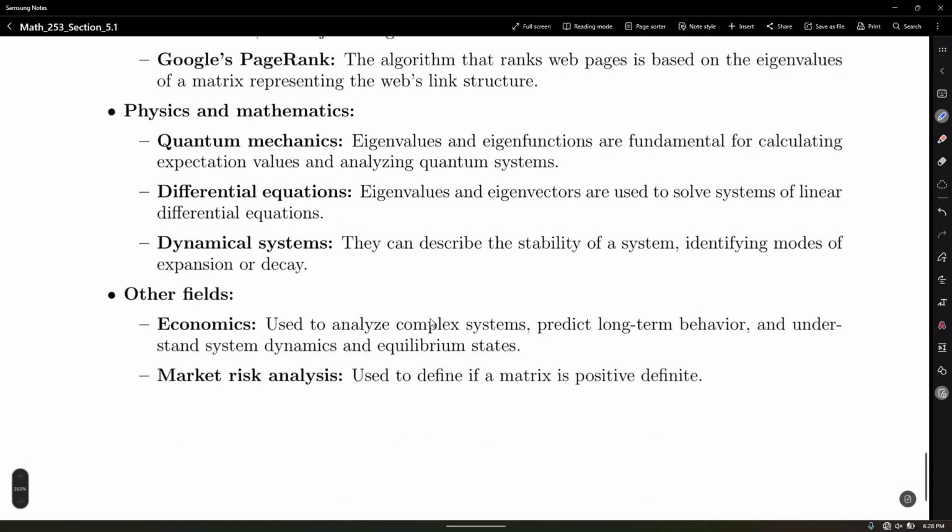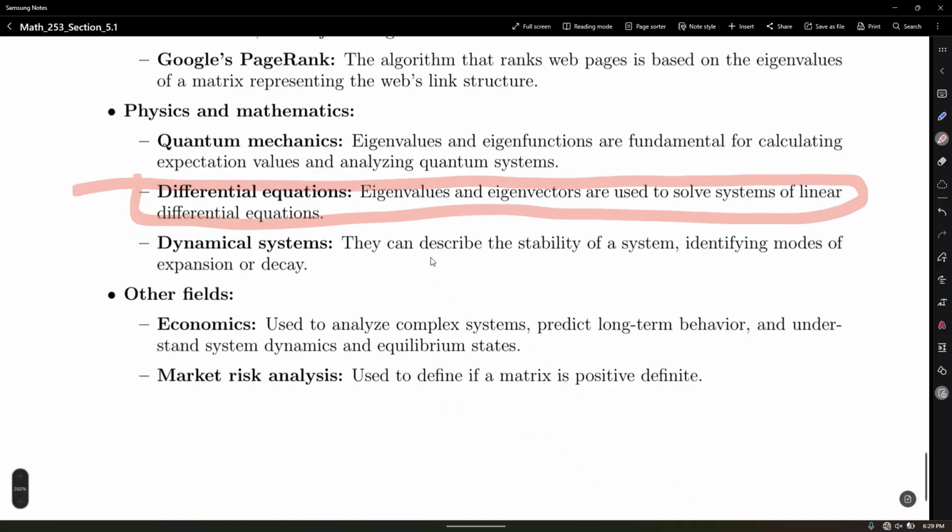In physics and mathematics, quantum mechanics, eigenvalues and eigenfunctions. For those of you in chemistry, you're going to get to this in physical chemistry. These are fundamental when calculating expectation values and analyzing quantum systems. Pretty cool stuff to do. In differential equations, which is what we want them for, they are used to solve systems of linear differential equations. That's what we want them for, right?